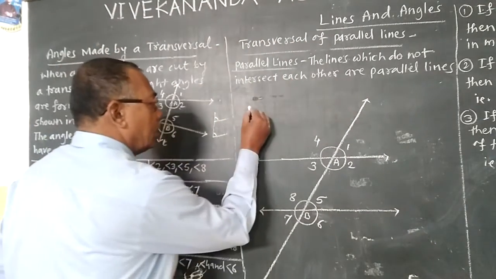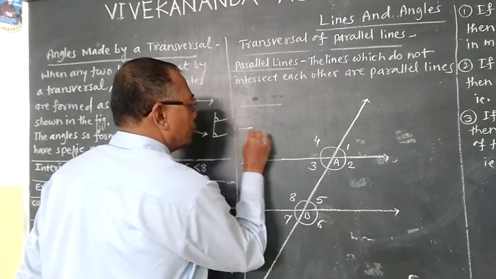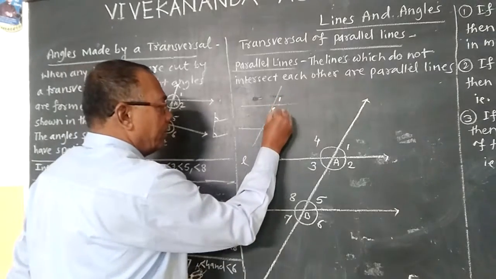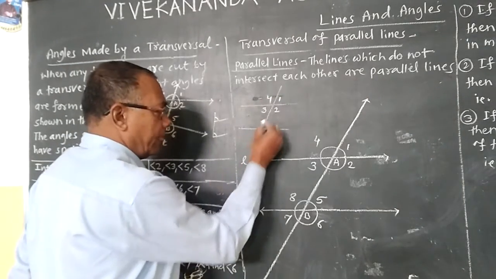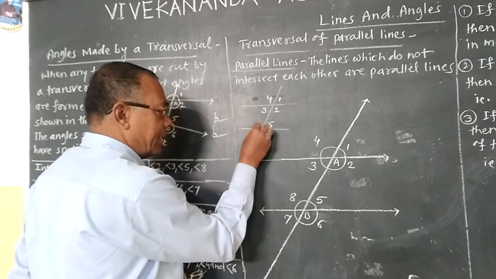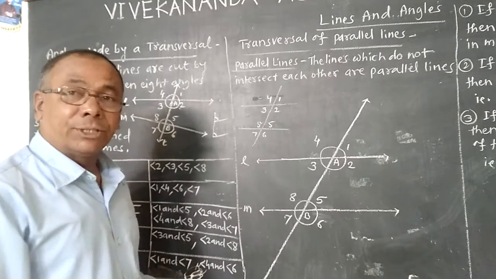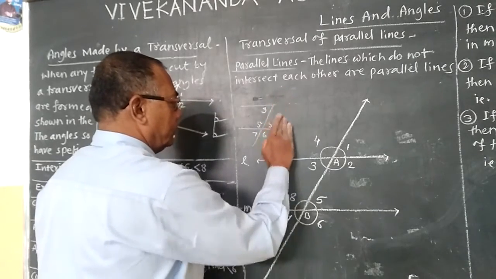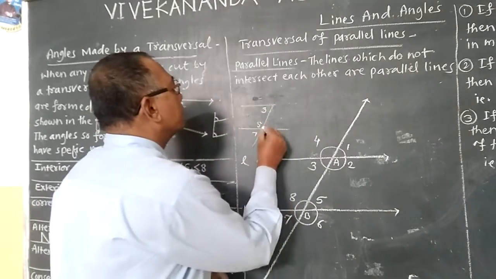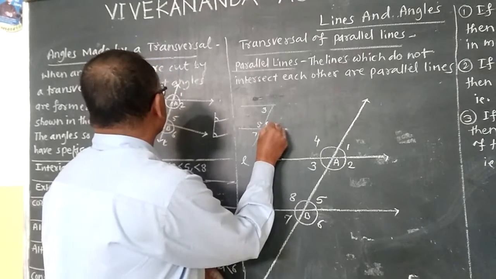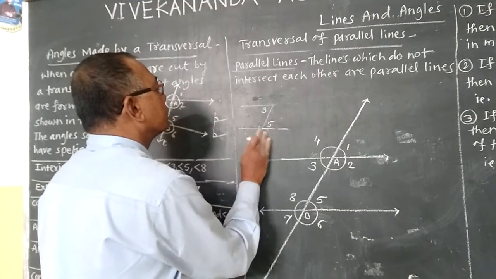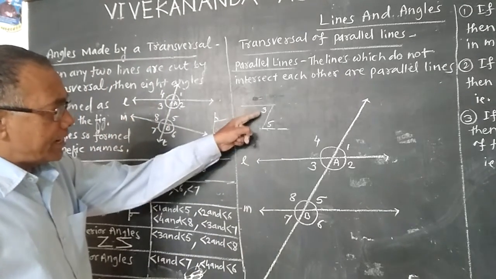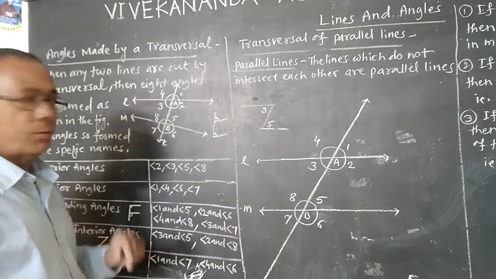Means if we draw the Z, these two lines, and this is the transversal. Here angle 1, angle 2, angle 3, angle 4, angle 5, angle 6, angle 7 and angle 8. Now we will consider Z. So this is the Z. So in Z we get 3 and 5.